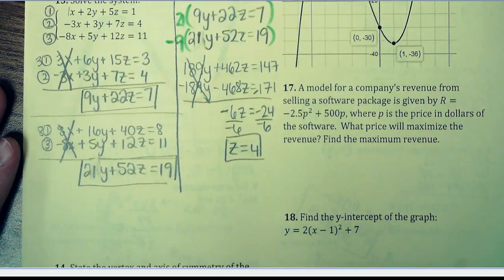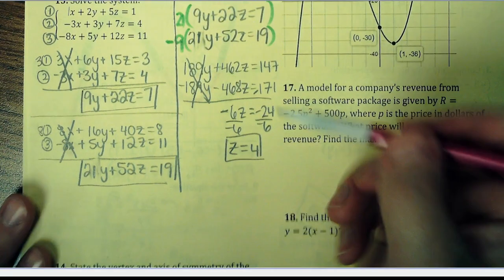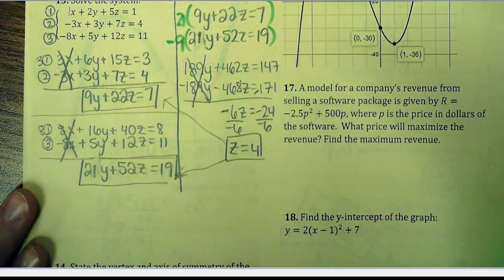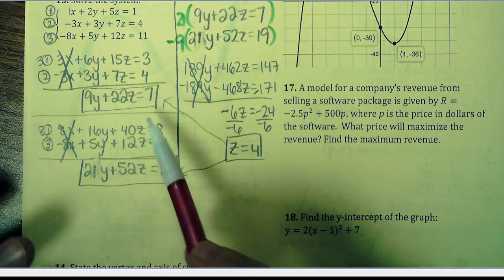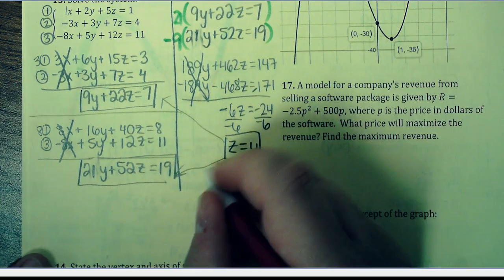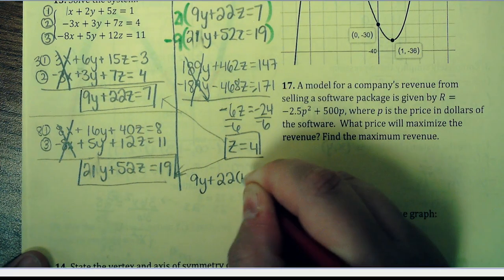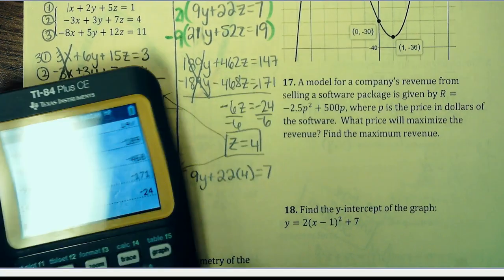Okay, now when you solve these questions, you've got to get 3 values, one for x, one for y, one for z. You can plug this back in anywhere you want in the system you just used. I'm going to use one of the lines from the system before we started manipulating it because the numbers are a little smaller. So I'm going to do 9y plus 22 times 4 equals 7. I'm just plugging it into that line for z.